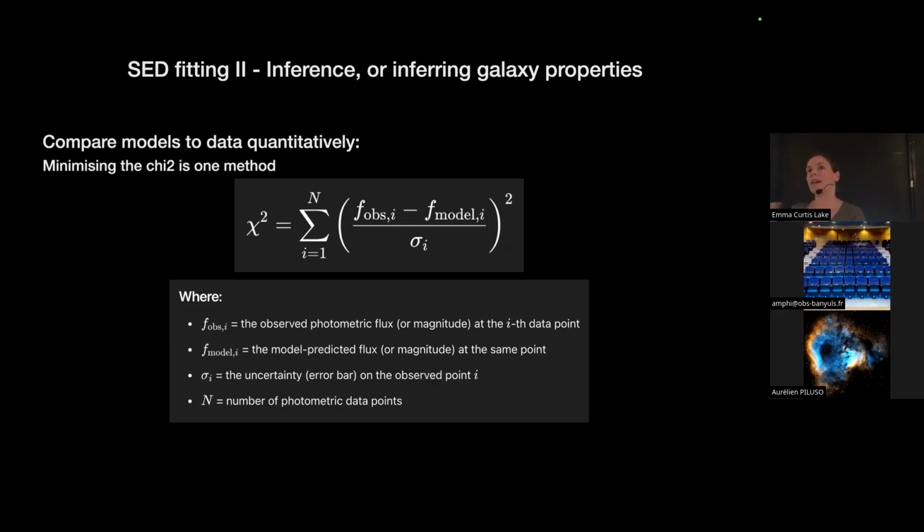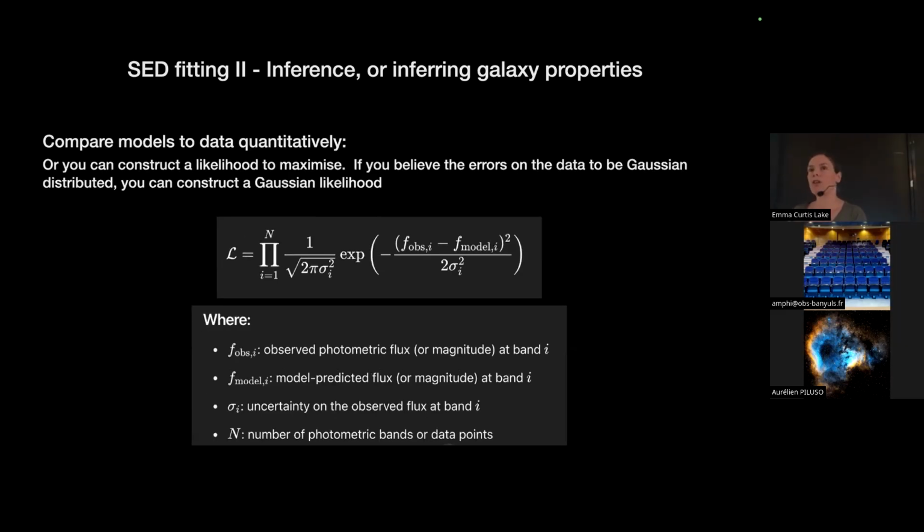A lot of these SED fitting codes, though, work in a Bayesian framework. And in a Bayesian framework, you create a likelihood. And rather than minimizing a chi-squared, you maximize a likelihood. It doesn't really matter in some ways what the nomenclature is. The way you go about this is you think about how your errors are distributed. If you think your errors are pretty much distributed in a Gaussian way, then construct a Gaussian likelihood.